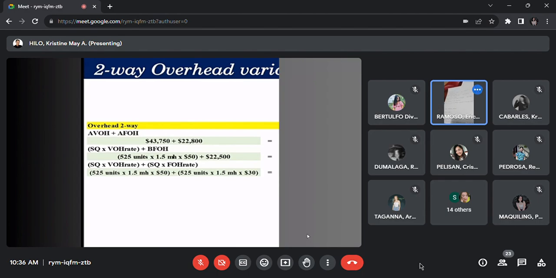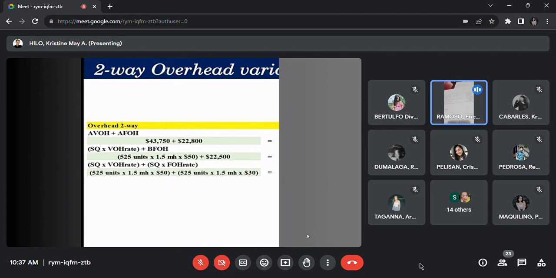And then our standard quantity times variable overhead rate plus budgeted fixed overhead is 525 units times 1.5 machine hours times $50 plus 22,500. So the result is 61,875.